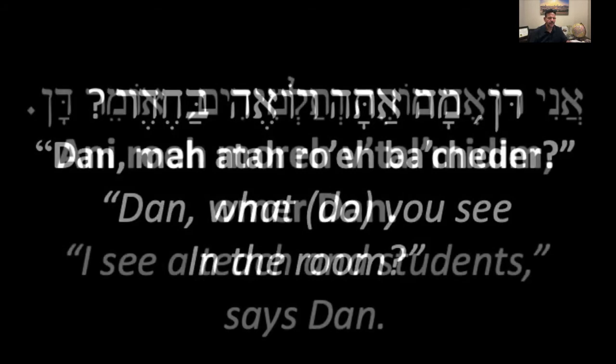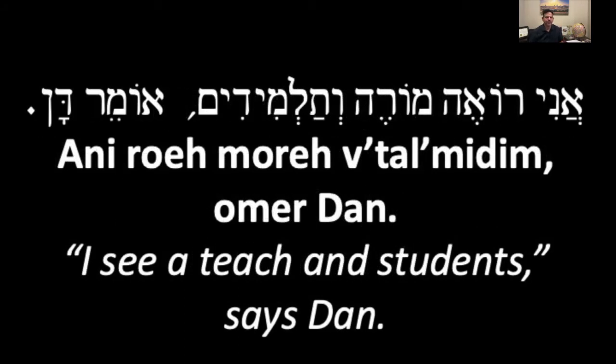What does Dan see? So here we go with the pronoun ani. Ani means I. So he responds, ani ro'eh. Ro'eh means to see. This is different from ro'eh, which means a shepherd, which is spelled not with an aleph, but the letter ayin.